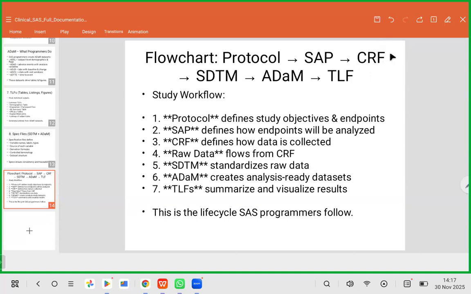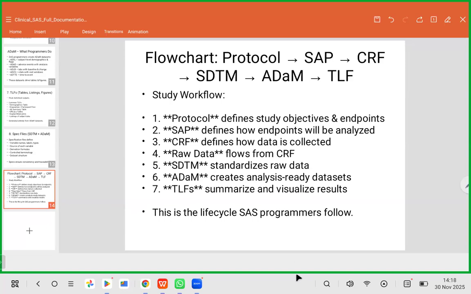Once the data is stored in the database, the programmers will develop tables for demographics. The programmers will develop tables for adverse events. The SAS programmers will develop efficacy tables and pharmacokinetics tables. We have seen the primary objective and secondary objective, right?